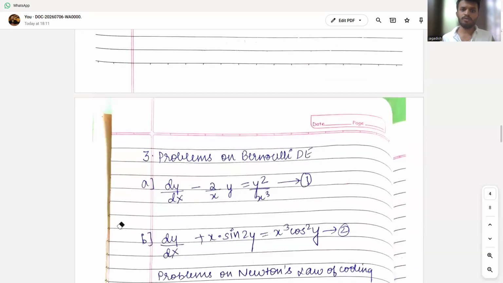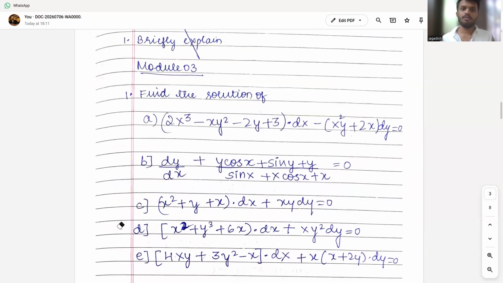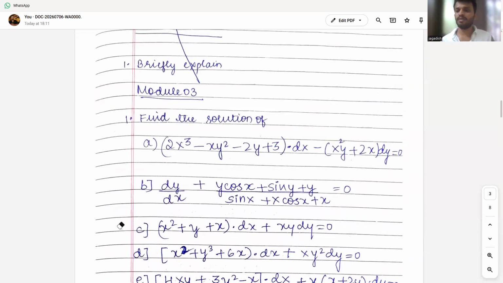In module 3, it is something related to differential equations. There are many methods to solve the ordinary differential equations, which we will call ODE. There is the exact solution, so many methods.